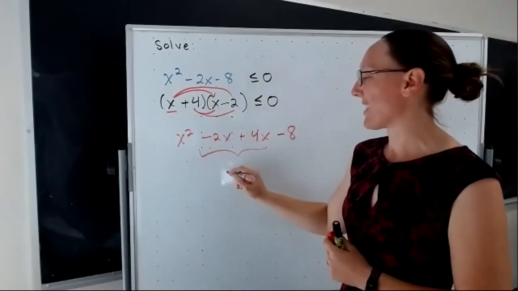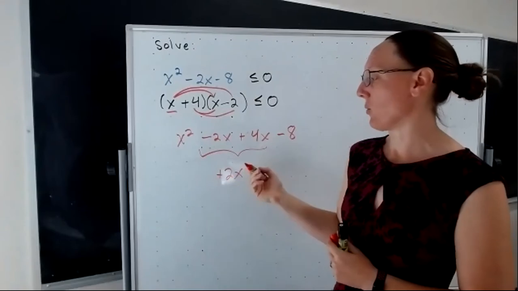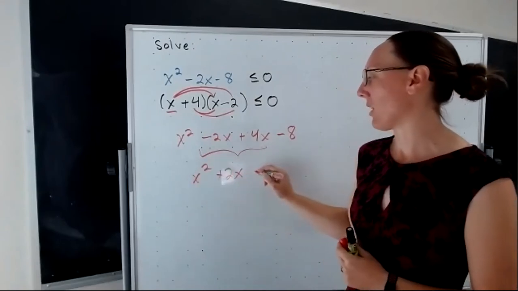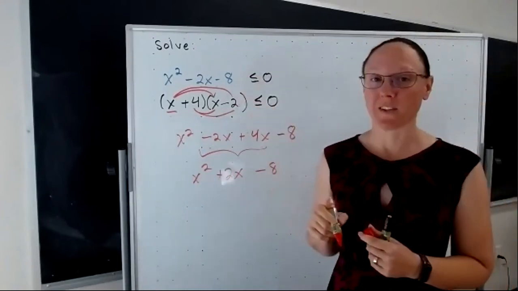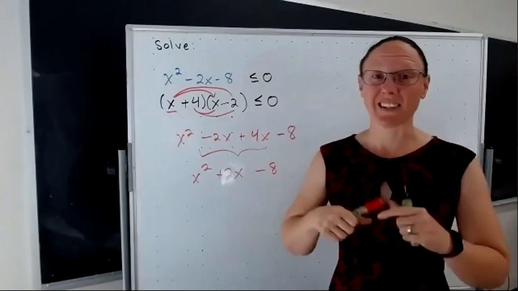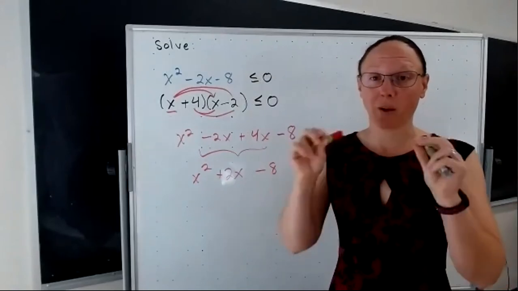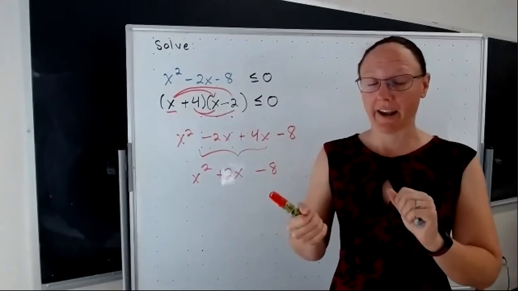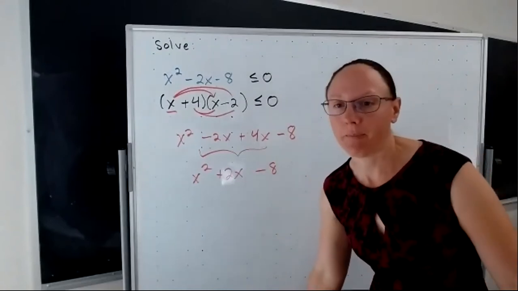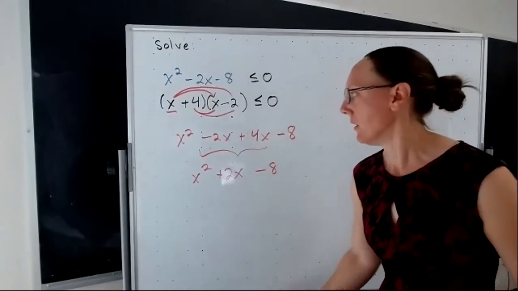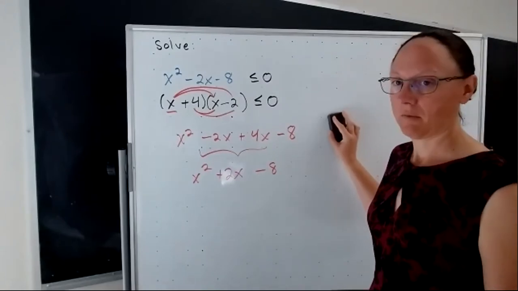So when you combine these together, you'd end up with a positive 2x. And that's not going to work because it doesn't match what we started with. So the signs are definitely important. Where we put the positive and the negative matters. Yeah. Cool.